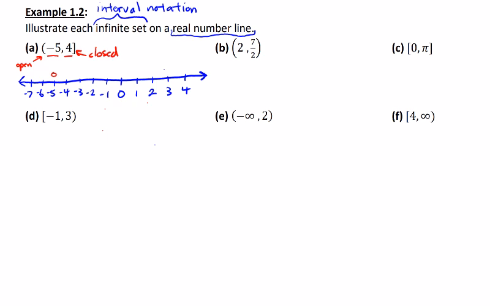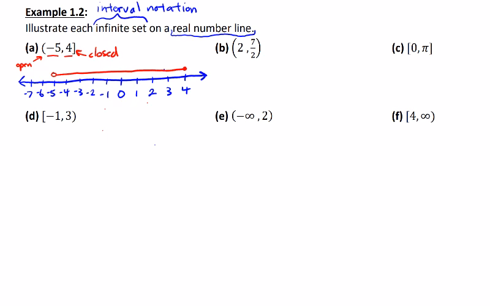So when I come over here to +4, I'm going to be sure to put a closed dot there at 4. And what the interval notation allows us to do is represent all of the real numbers that are in between the boundaries. Everything from -5 all the way to 4. But -5 is not included in this set, while +4 is included in this set.